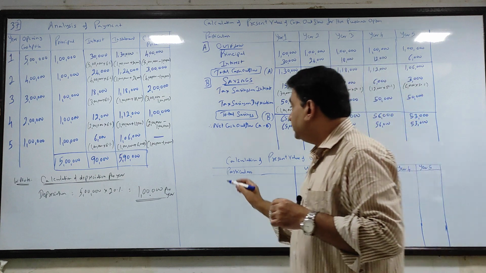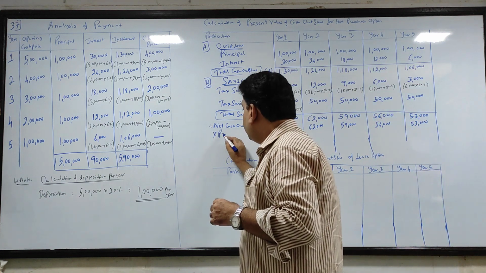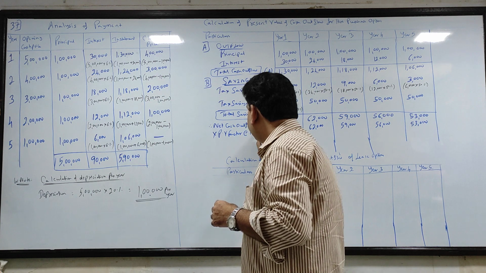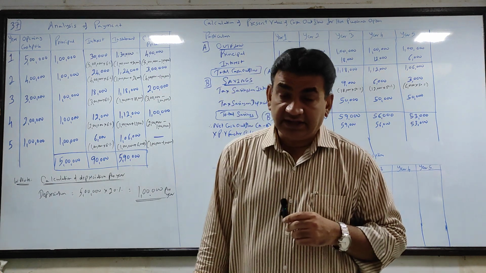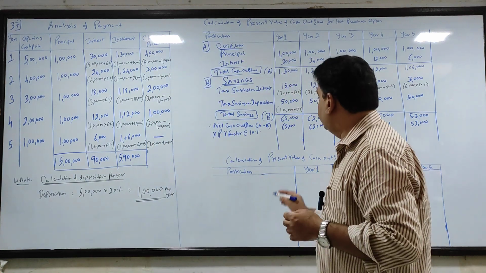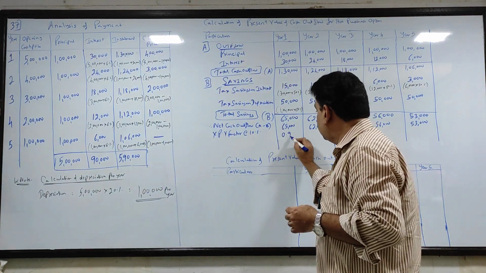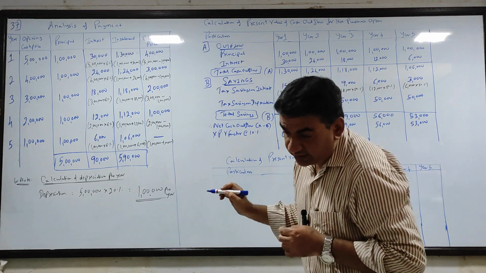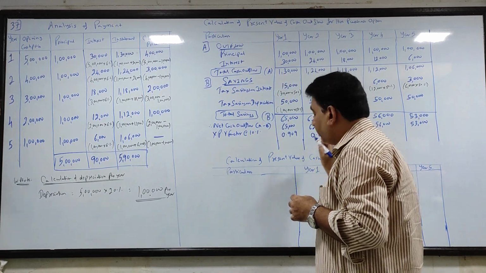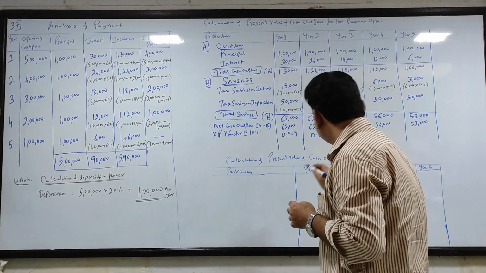Now what you will do? This you will multiply by the PV factor. The rate is given, 10%. Now we calculated these earlier, but here your job gets cut down. They have already given you the factors. First year's? 0.909. Second year 0.826.